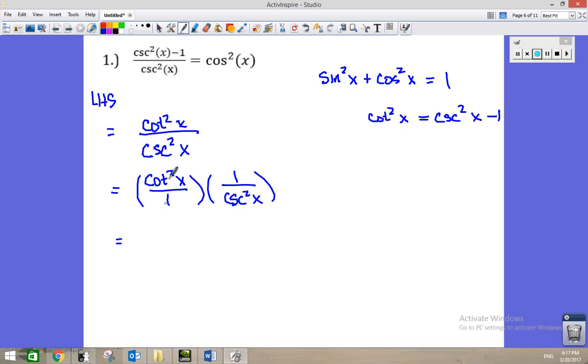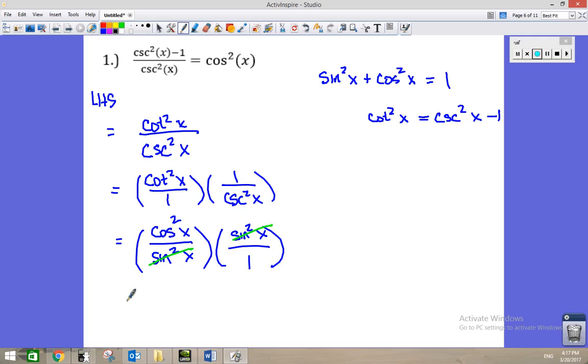And cotangent is cosine of x divided by sine of x, but since it's squared, we'll make it cosine squared over sine squared. 1 over cosecant squared is equal to sine squared because they're reciprocals of each other. And this factor in the denominator cancels with that factor in the numerator, and we have cosine squared, which is the right-hand side. So two different ways to do the same problem.